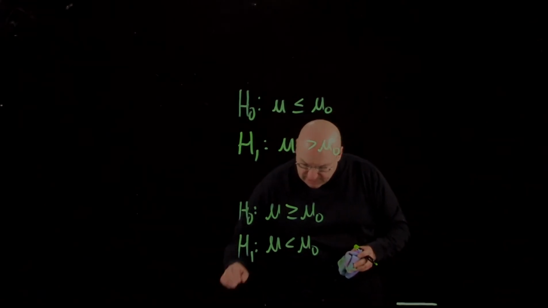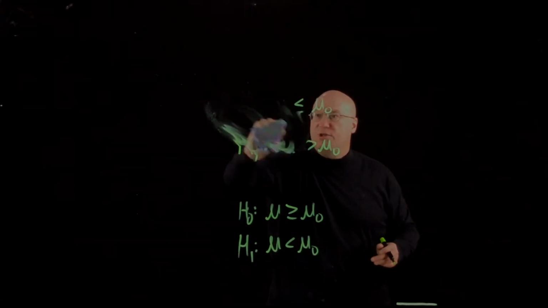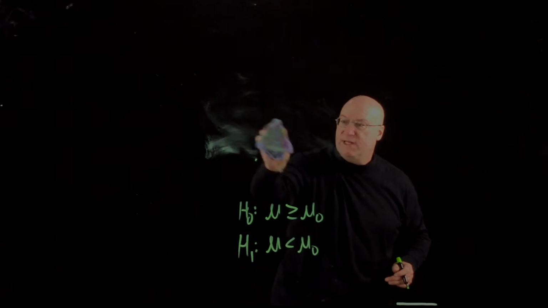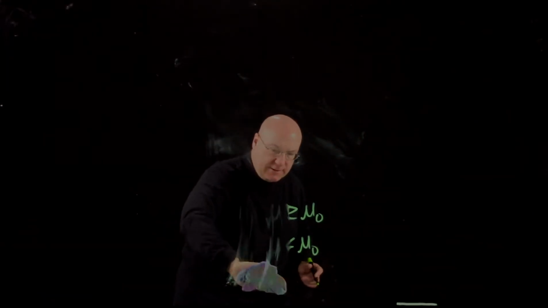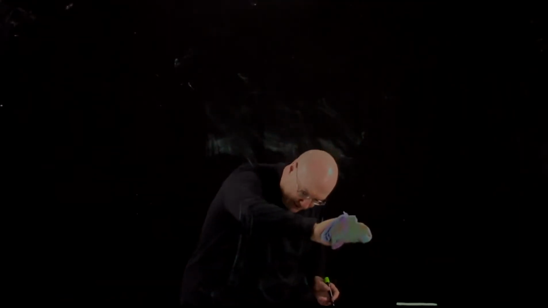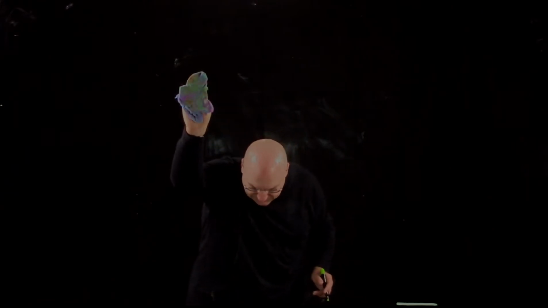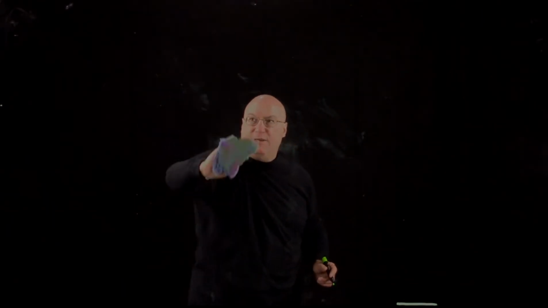All right, so let's look at an example just briefly here. To help you grasp this, think of the tomato plant yield example. We were seeing if we could increase the yield from 12 pounds per plant, right?